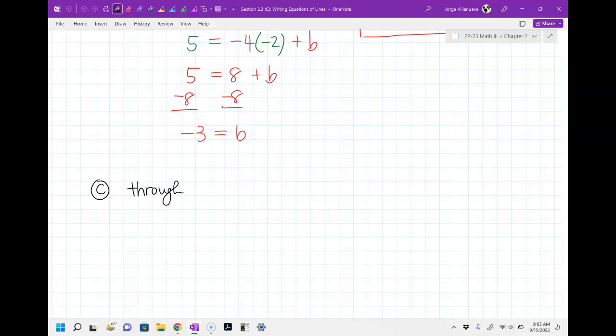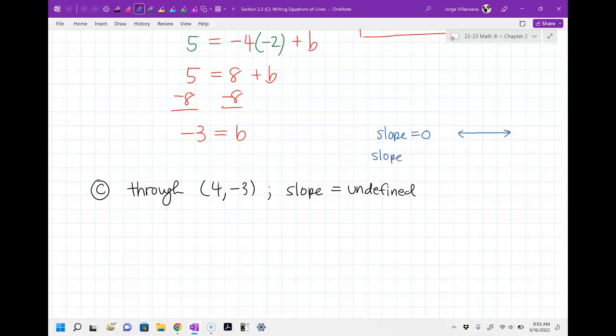I'm doing the one that looks more confusing. And in order to do this one, you have to remember what we talked about yesterday. A slope of 0 is a horizontal line.